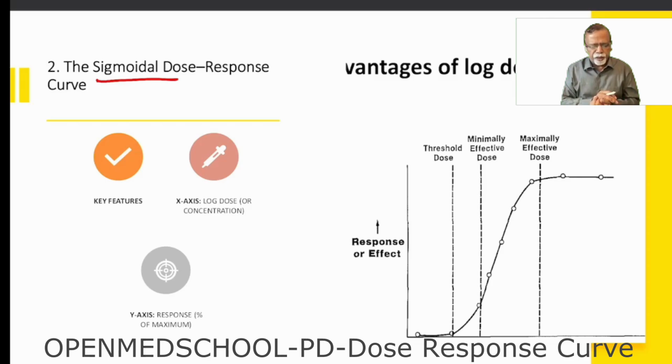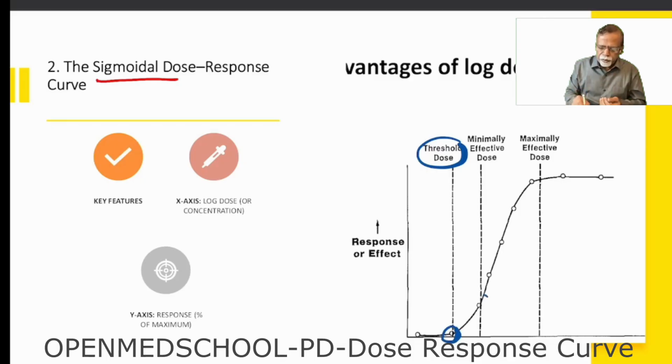As we already mentioned, the drugs are acting on certain receptors. When the receptors are fully saturated, it will not produce much more effect. So from this graph, you can identify the threshold dose. What is the dose at which the drug starts acting?